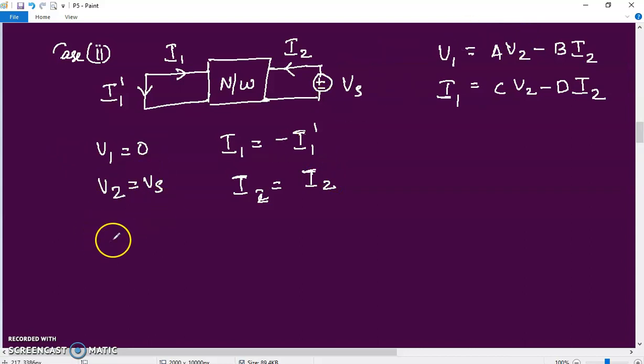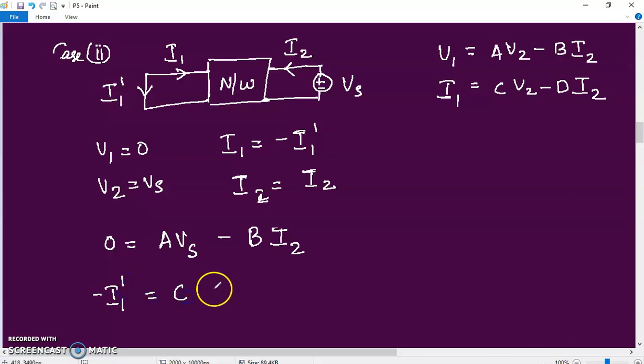In the first equation, 0 is equal to A into V2, which is Vs, minus B into I2. Coming to the second equation, I1 is minus I1 dash. Minus I1 dash is equal to C into V2, which is Vs, minus D into I2.